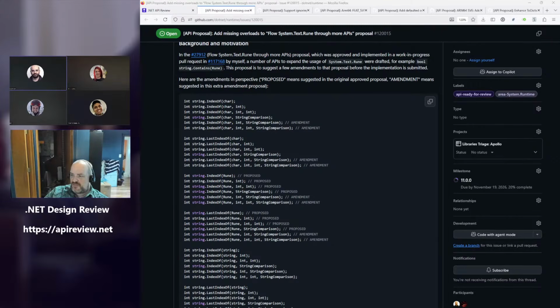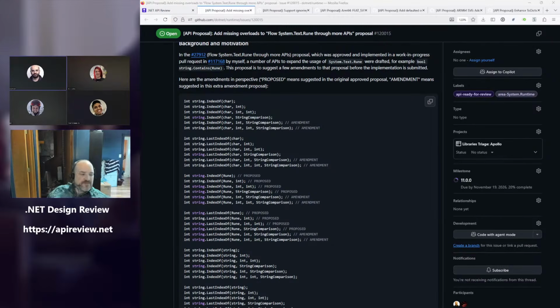For example, he's saying we have overloads that take character and string comparison, or character and start index and count, and so on. But we don't have overloads that take character and start index and string comparison, or character, start index, count, and string comparison.